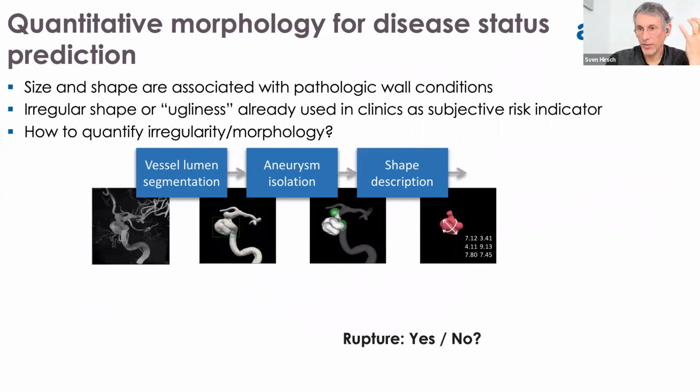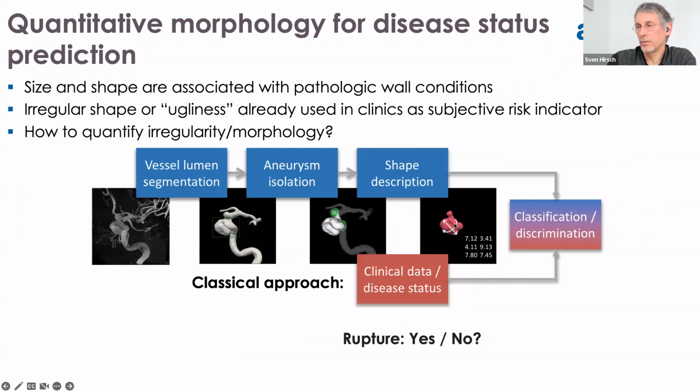Can we do a quantitative estimation of the morphology to estimate the risk of this aneurysm? You extract it, and then you do analysis on the extracted aneurysm, and then you can say, okay, is that a danger? Yes or no? Is it a ruptured aneurysm? Yes or no? And then you can do machine learning on that, obviously.